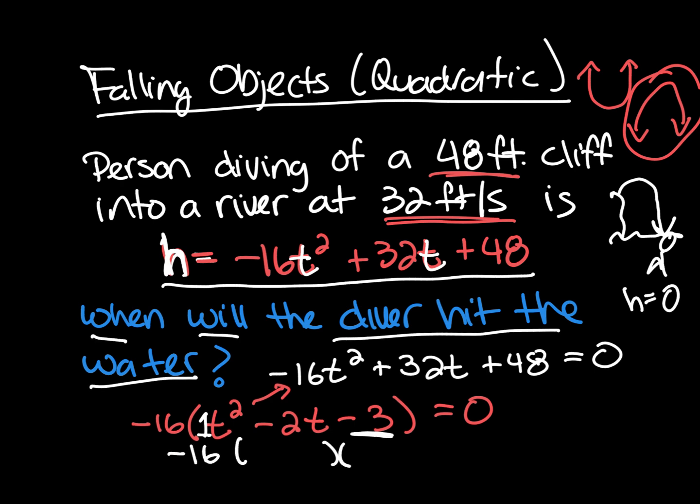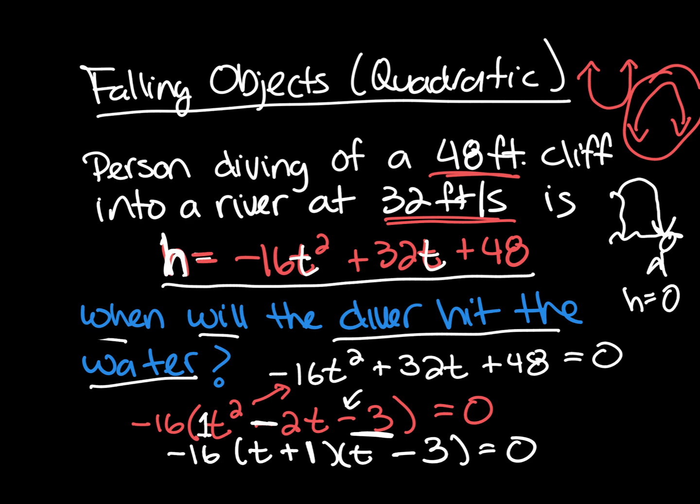I'm just prepping my answer space. I know it's going to be t and t. I know it's going to be 1 plus and 1 minus because the 3 is negative. And the only factors of 3 are 1 and 3. Since the middle term is negative, I'm going to make the biggest number negative as well. So here's my answer.